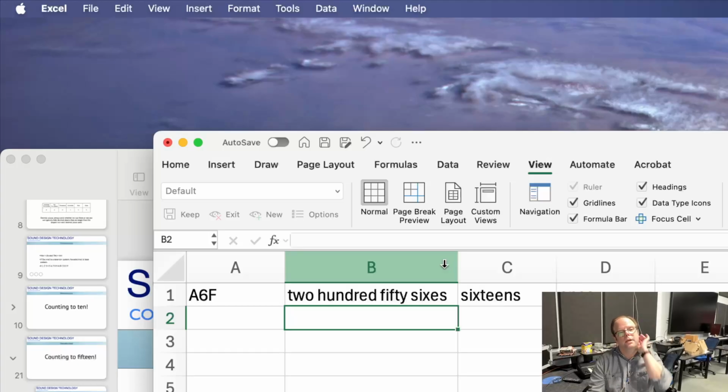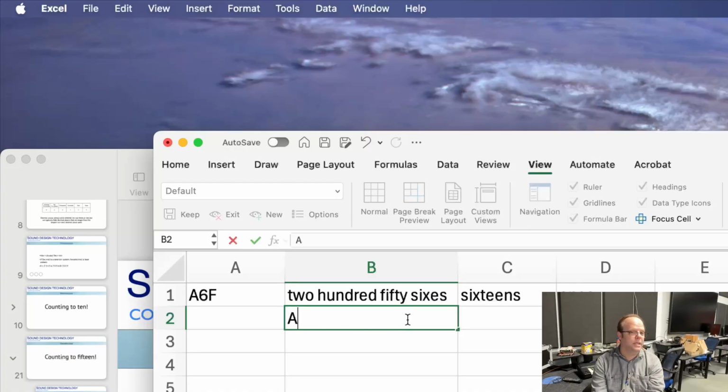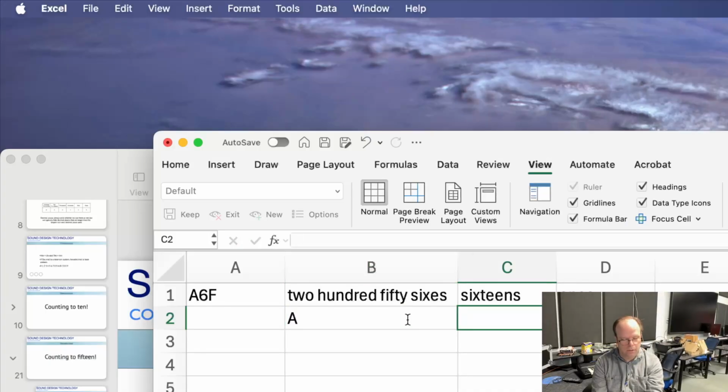Okay. So let's start with the A. What does the A stand for? Okay, so 10 256s. The 6 stands for 16s. So I've got 6 16s, and the F stands for 15 ones.